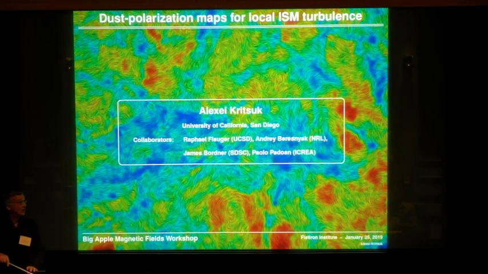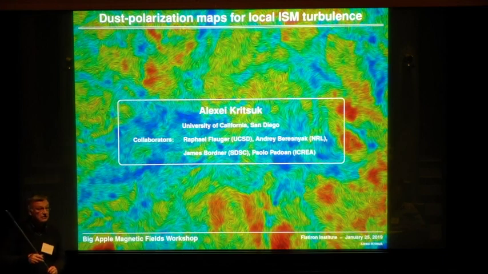Okay, so I will reuse the very nice introduction made by Axel to the problem of general Planck results and how they can connect to turbulent simulations that we do.